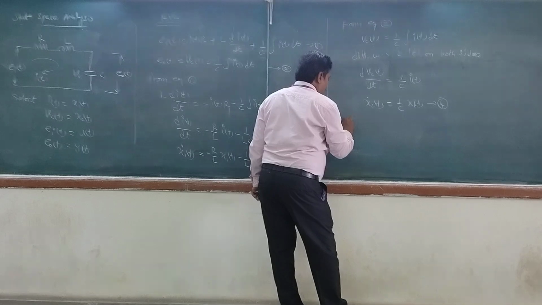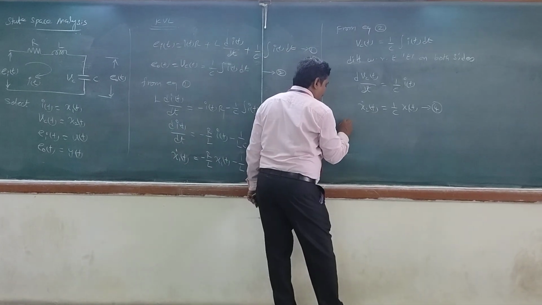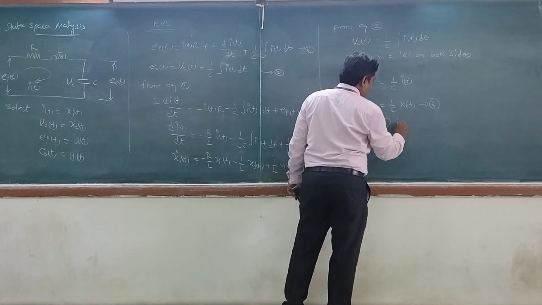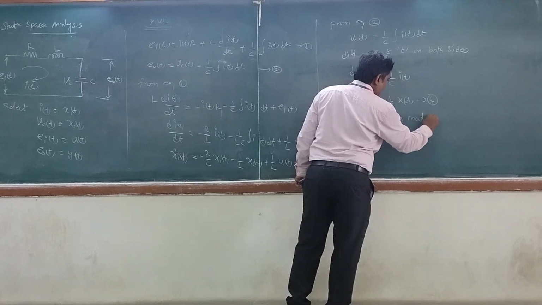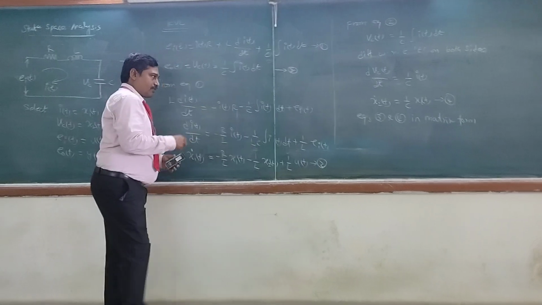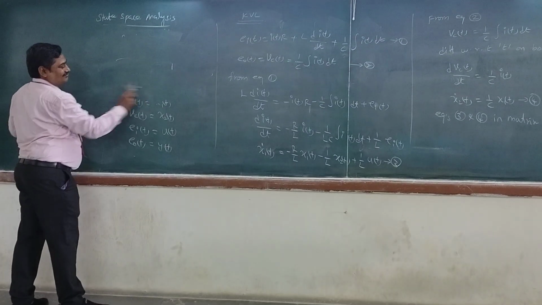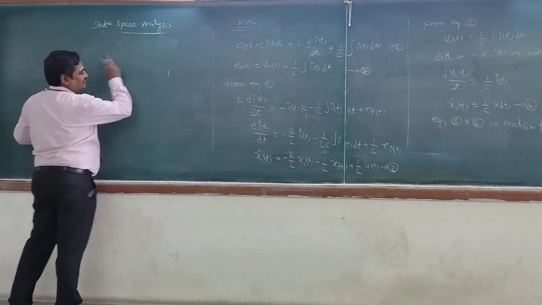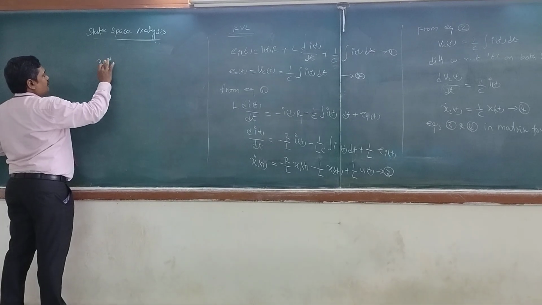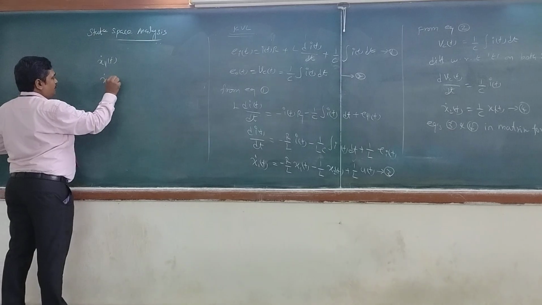Now write equations 3 and 4 in matrix form. So the state vector is x1 dot of t, x2 dot of t.